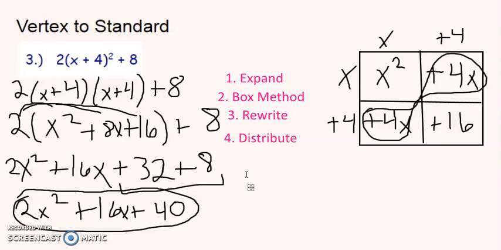And step 5, combine like terms. So again, step 1, we expand the factor to make 2 factors. Step 2, we multiply these repeated factors out using the box method or FOIL. Step 3, we rewrite our expression. Step 4, we distribute the number on the very outside of the parentheses. And step 5, we combine like terms. You won't always use all 5 of these steps, but this is the most amount of steps you'll have for a problem like this.